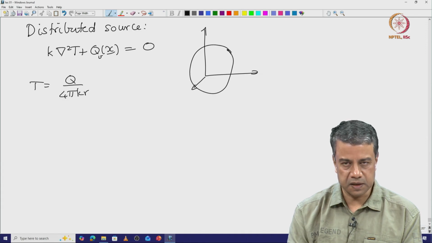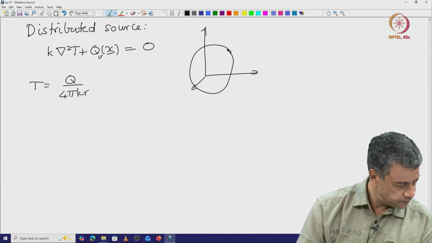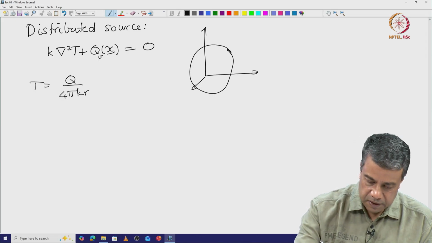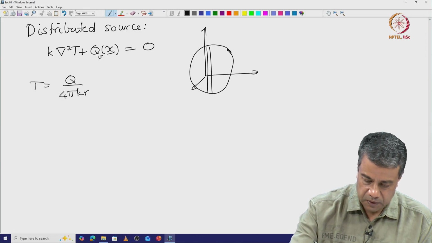So, within this volume, what you can do is divide this volume into a large number of infinitesimal volumes.